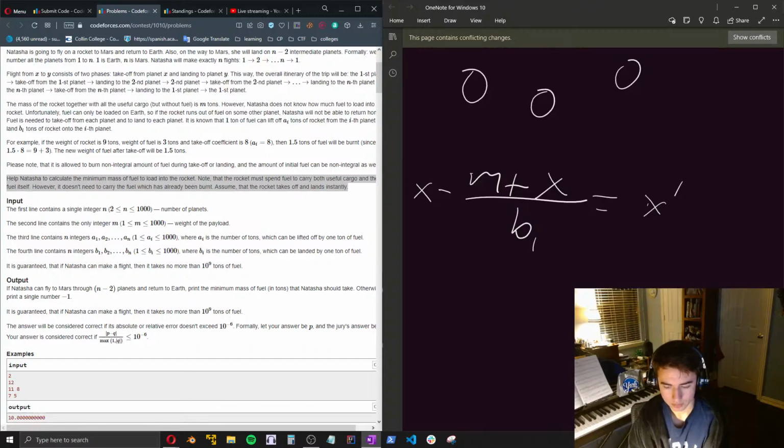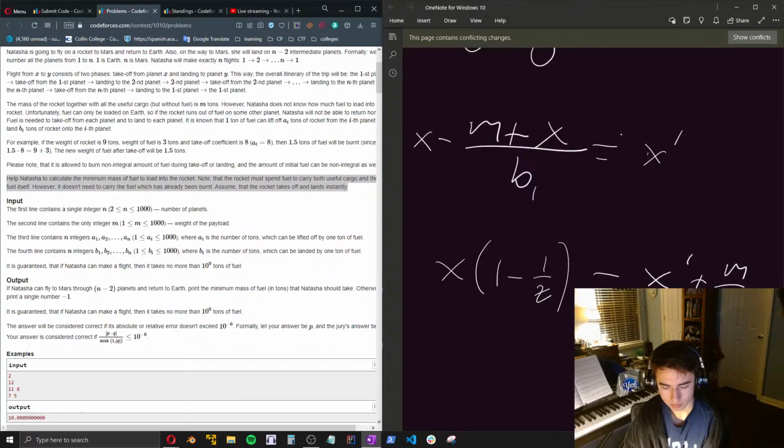So we have X times (1 minus 1 over C), where C is a coefficient which will either be an A or a B, is equal to X prime plus M over C, divided by (1 minus 1 over C).